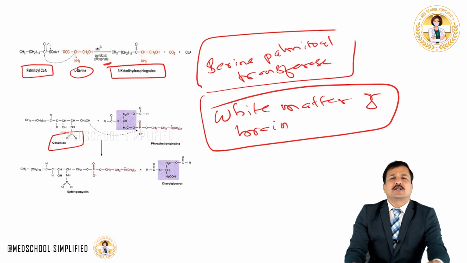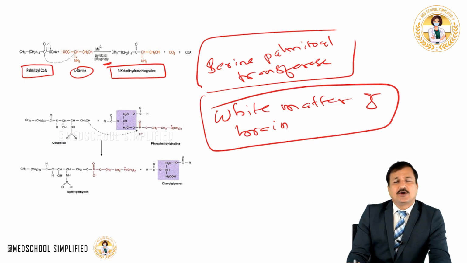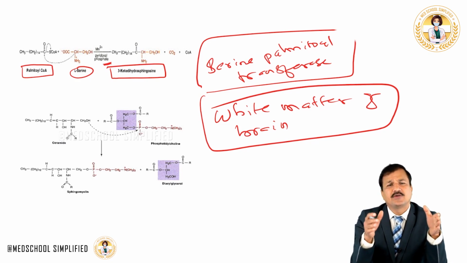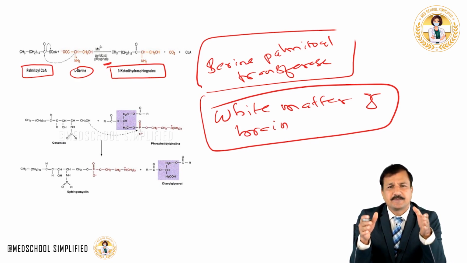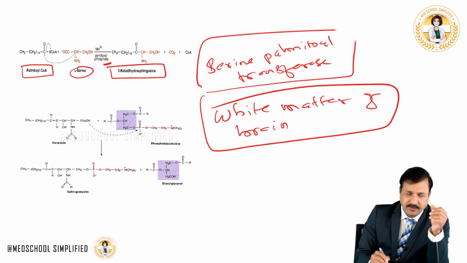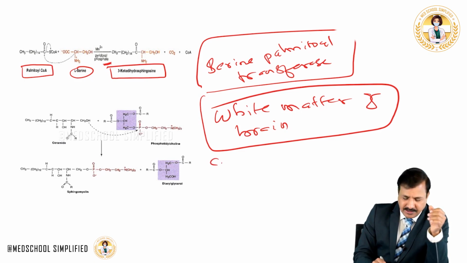Now let's look at how a sphingomyelin is synthesized. Sphingomyelin is a ceramide with phosphocholine. A very simplified way of writing sphingomyelin is ceramide plus phosphocholine.